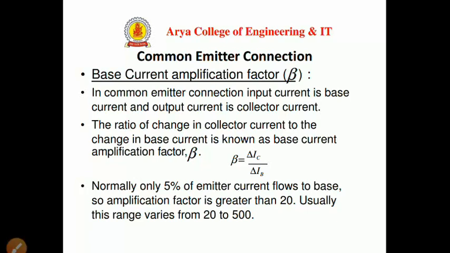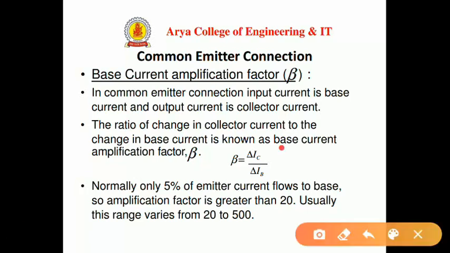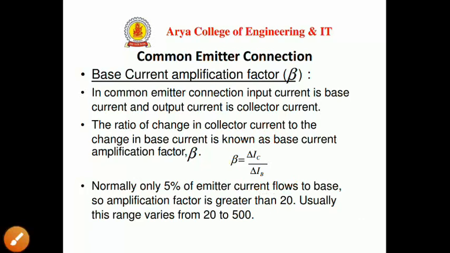So beta equals del IC upon del IB. Clear? Normally only 5% of emitter current flows to the base, so the amplification factor is greater than 20. Usually this range varies from 20 to 500.